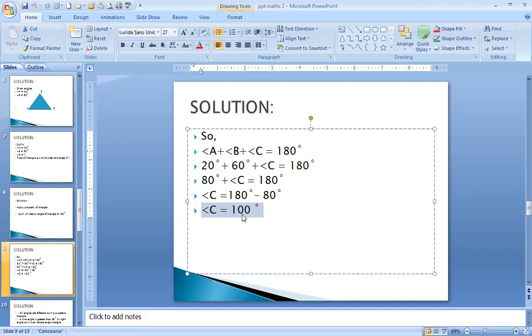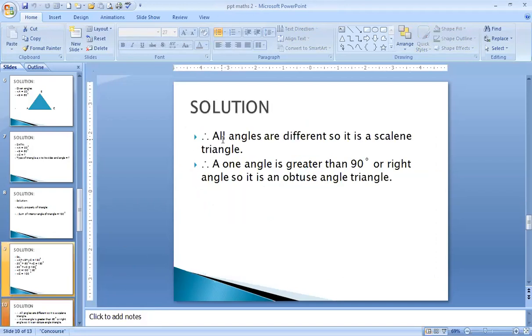And you know that an angle greater than 90 degrees, or a right angle, is known as an obtuse angle. So angle C is an obtuse angle because it is greater than 90 degrees. Since all angles are different, it is a scalene triangle.